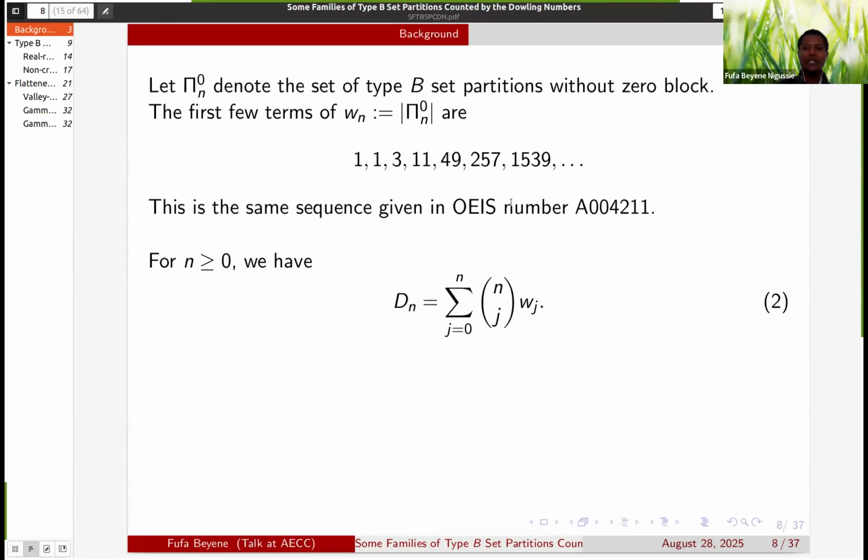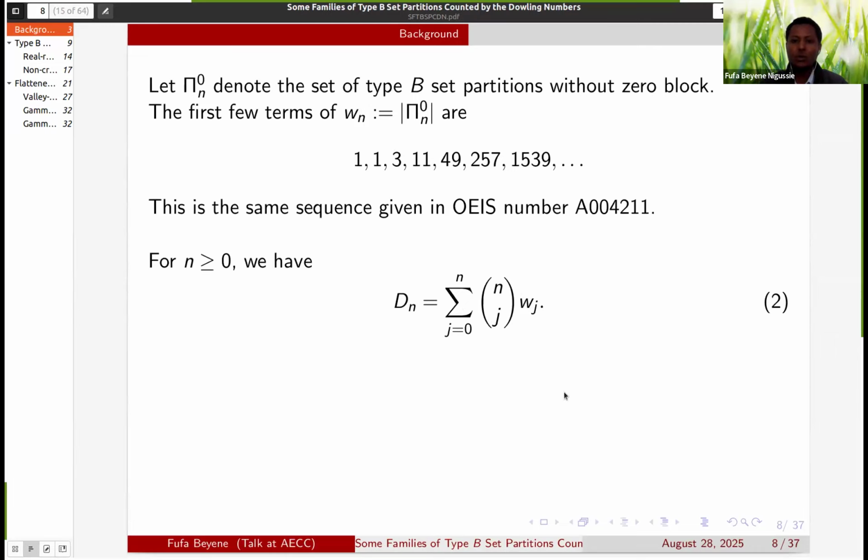The relation is given in the following form. The Dowling number, Dn, or the number of type B set partitions, is given by this nice relation, which relates Dn and Wn here, where Wn is the number of type B set partitions without zero block.